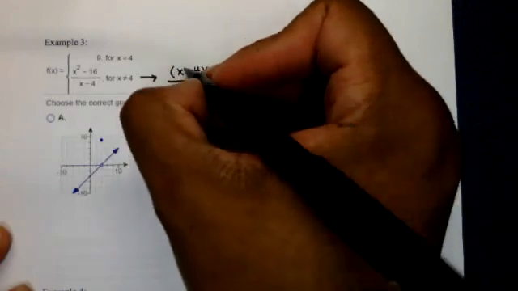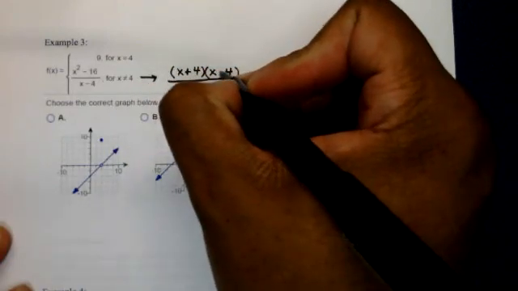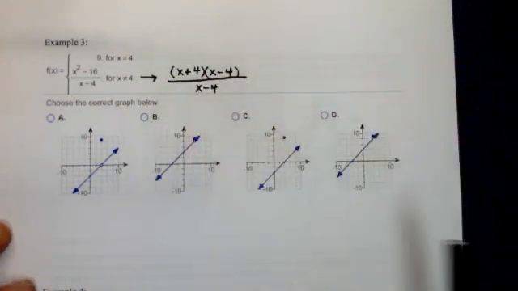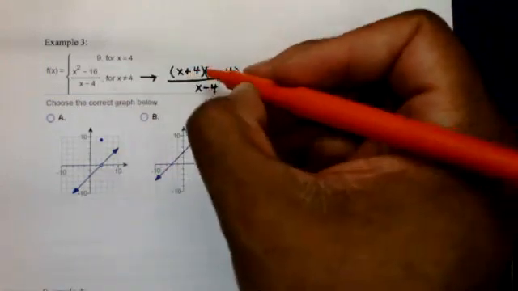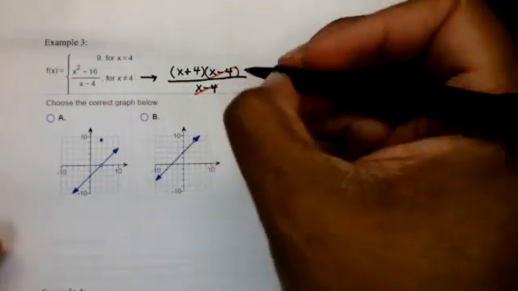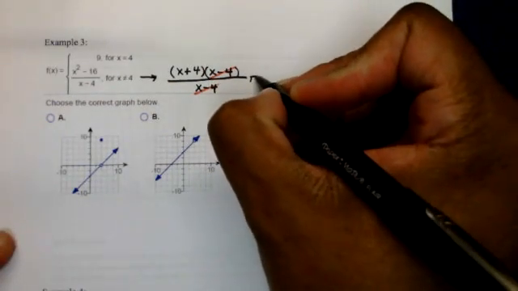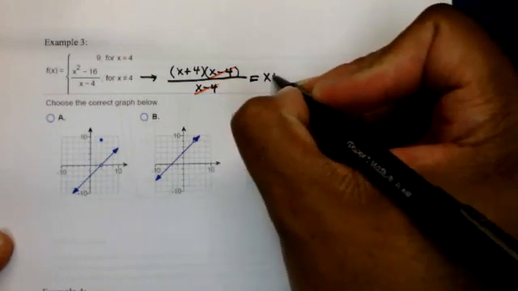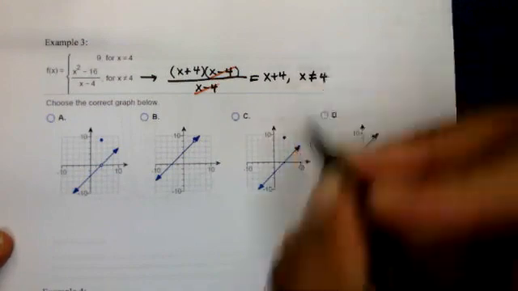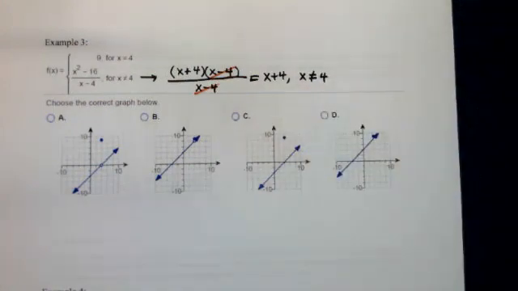And it's a difference of squares, which means one must be plus, the other one has to be minus. And this is over x minus 4. And now we can simplify that by dividing out the x minus 4. And that would give us just simply x plus 4. And that restriction has to be where x is not equal to 4. That restriction still holds.